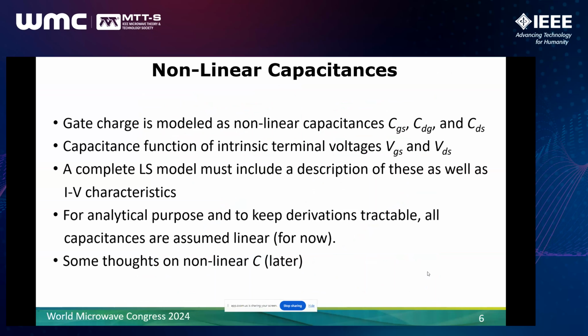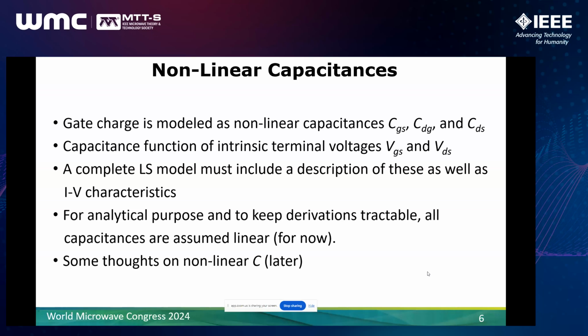Okay, so in terms of the capacitances, as I mentioned before, all of the capacitances are essentially describing the charge under the gate. So we have CGS, CDG, and CDS. These are all modeled as a function of the intrinsic terminal voltages, VGS and VDS.